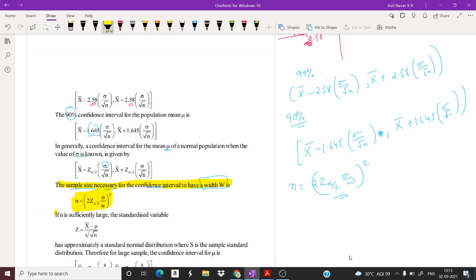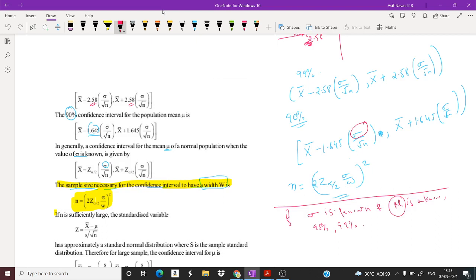So one thing, let us do once more. If sigma is known and mu is unknown, then we can find the confidence interval 95%, 99%, etc. Because here sigma is known, that is the population standard deviation.